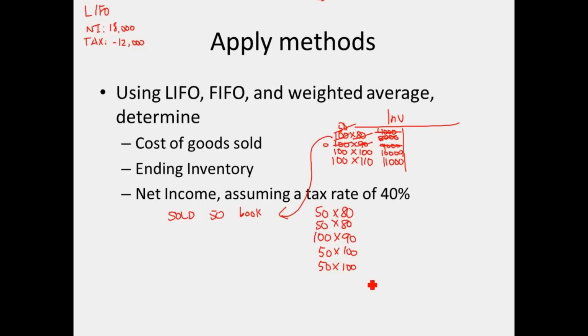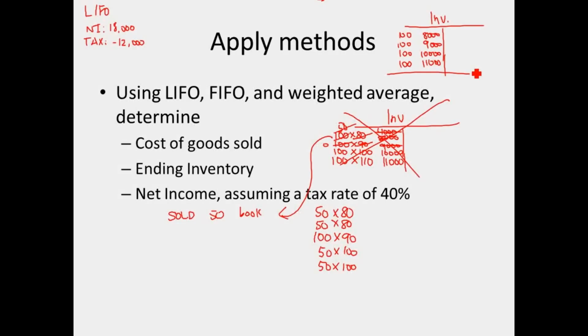Okay, how else could I think about this problem? Well, I had inventory. I had 100 units of each of these things: 8,000, 9,000, 10,000, 11,000. And now I'm telling you I had 400 units that I could have sold the whole period, and I only sold 300 of them.